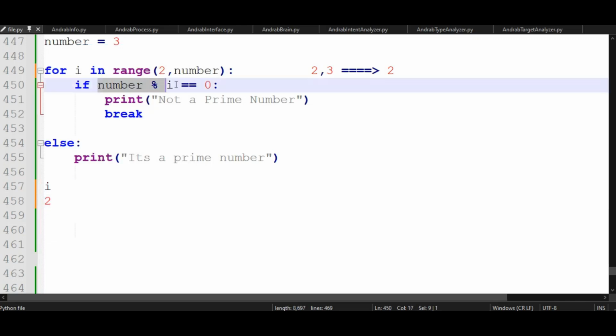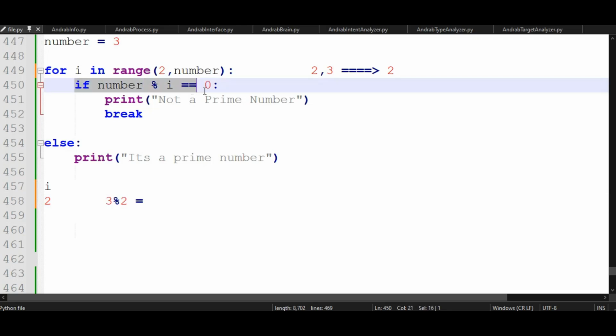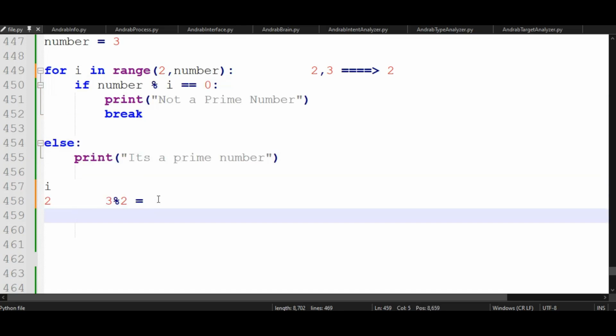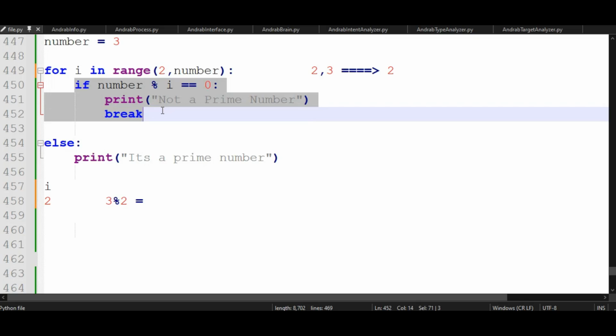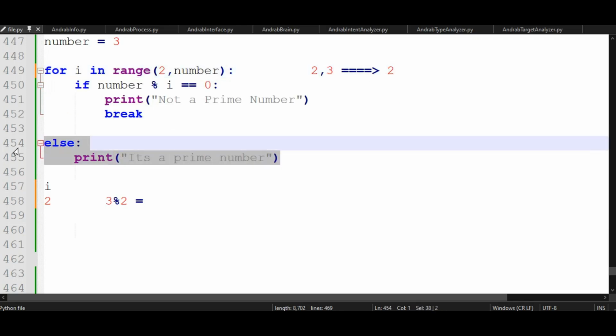And then it will check this condition, that is number percent I. Number is 3, and we get I equals 2. Now tell me what will be the result. This won't be equal to 0. So this whole condition will be ignored and the else statement will be printed, that is it's a prime number. Because 3 modulus 2 will not give us remainder 0, this whole statement will be ignored and the loop will only run one time. That is why the else statement will be printed.